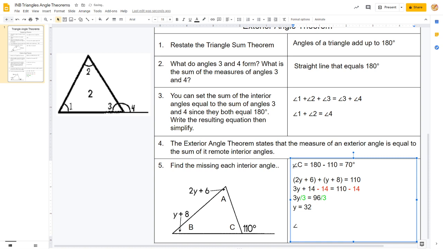So first off, angle A, well, that equals 2y plus 6, which equals 2 times 32 plus 6. 2 times 32, 2 times 2 is 4, 2 times, okay, 64, plus 6, which equals 70 degrees, right? 1, 2, yep.